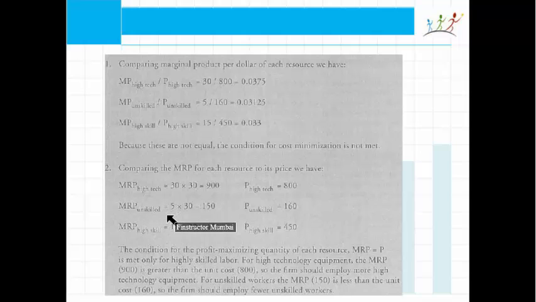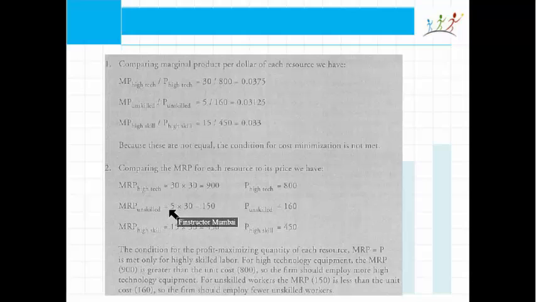That is, I should remove some unskilled labor and employ more high-tech equipment. As I hire more high-tech equipment, the marginal product of high-tech equipment will come down, such that the marginal revenue product will approach the price.